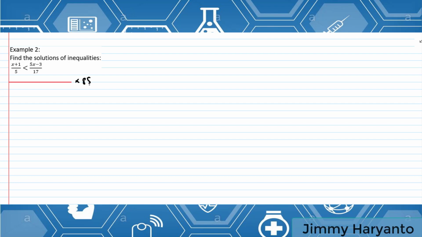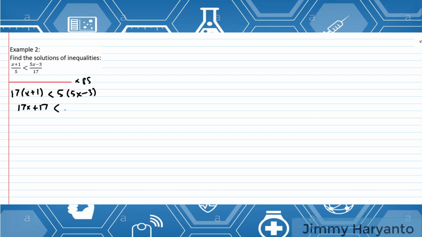Because 85 is the LCM of 5 and 17. Then we calculate 1/5 times 85, it becomes 17 in the bracket x plus 1, less than 1/17 times 85 becomes 5 in the bracket 5x minus 3, and then we solve it.